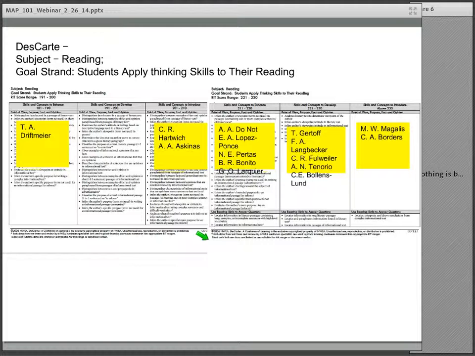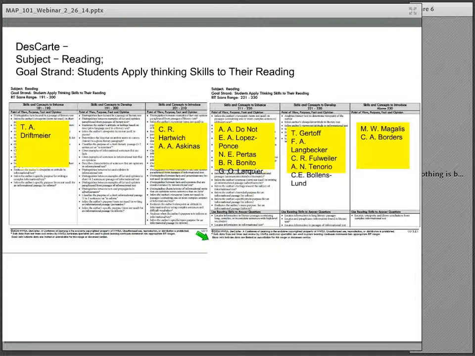This is a Descartes, and we have taken those classroom students, and we have put their names on post-it stickers. Here's our T.A. Driftmeyer student, and here's our McGallis and Border students. And this wristband says above 230. Remember, they scored in the 230 to the 240 plus. But look at how your students, when you lay them on the Descartes, remember where their sticky is, that's where they're ready for instruction today.